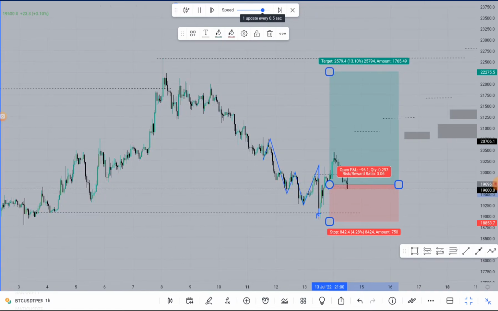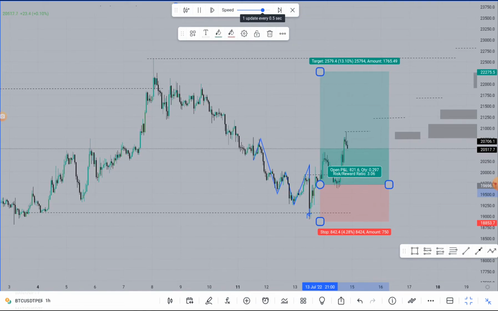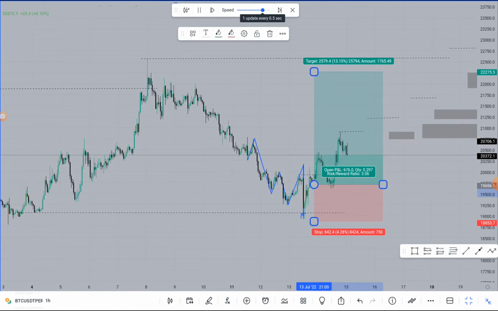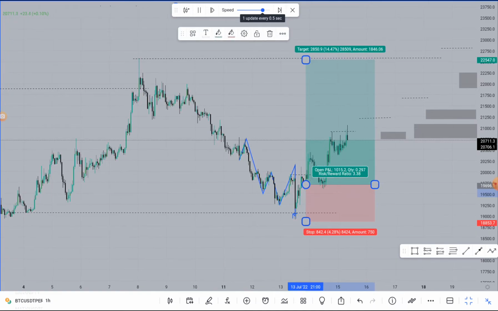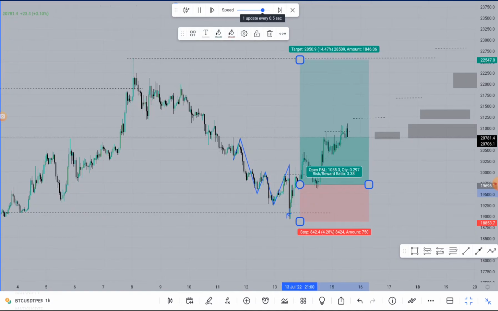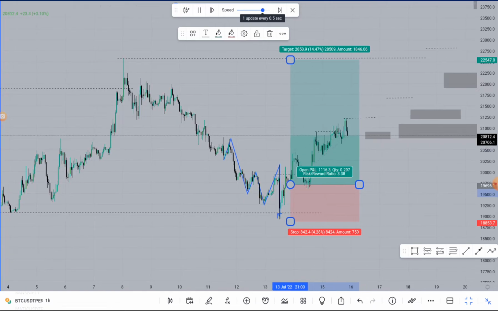We can hit our entry and we are now in profits. So your take profit will be like the previous high. This is the previous high, and you wait for price to get there to close your trade.